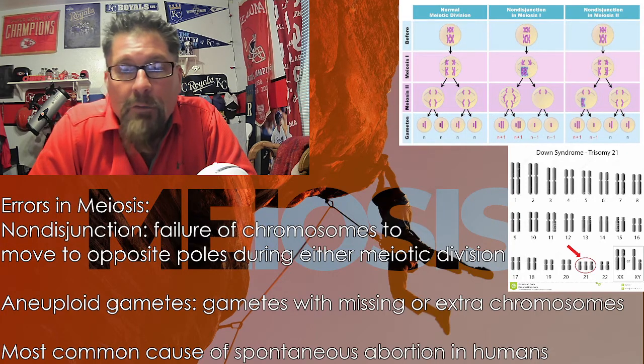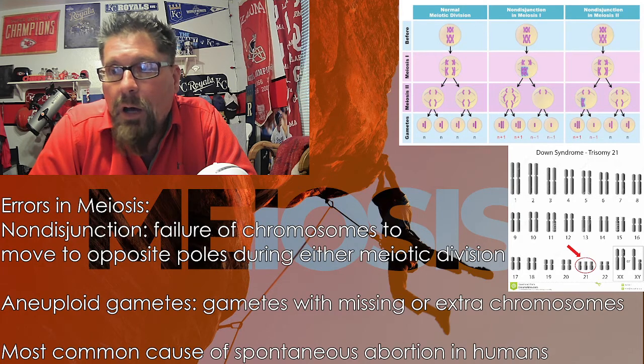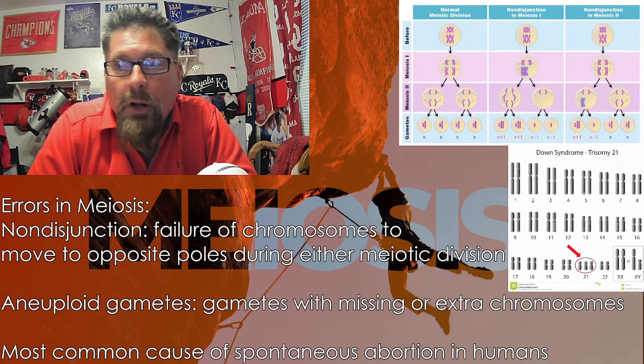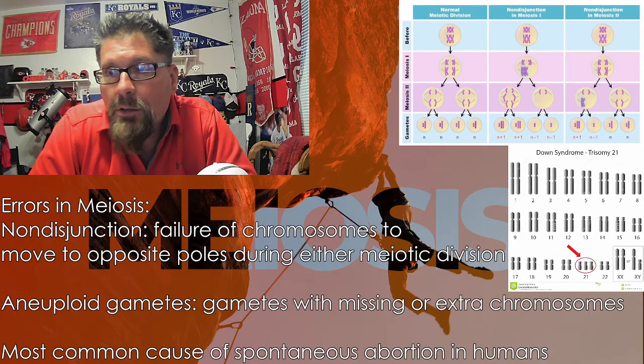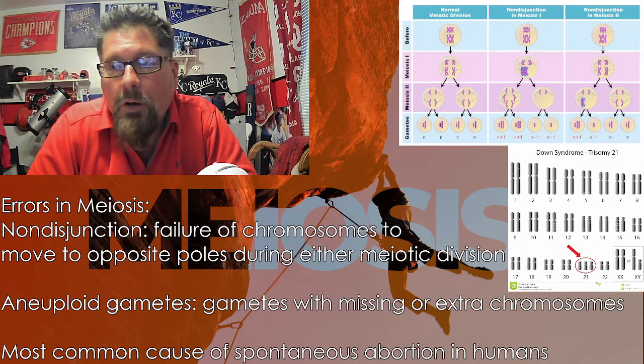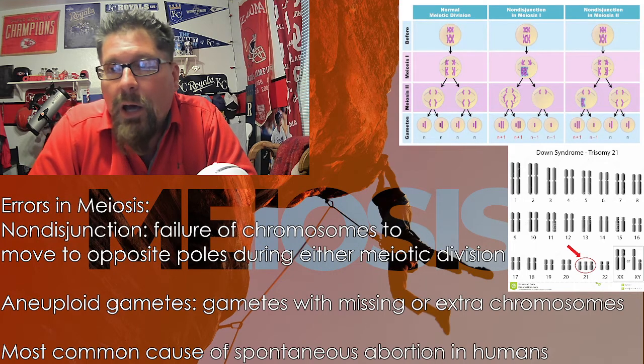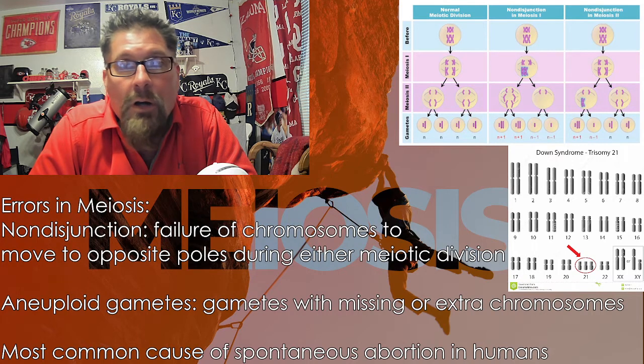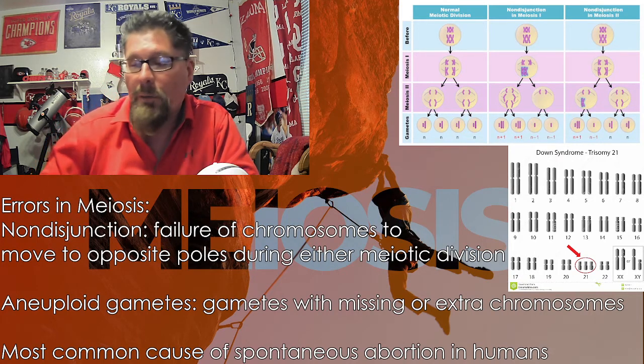An example of aneuploid gametes is at chromosome 21, or trisomy 21. It has 3, and that's where Down syndrome can occur.